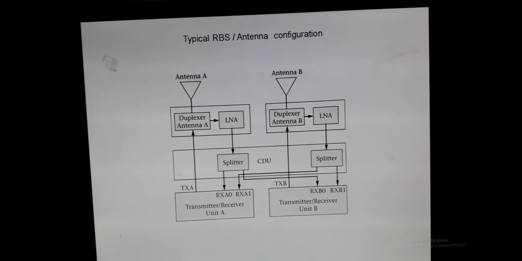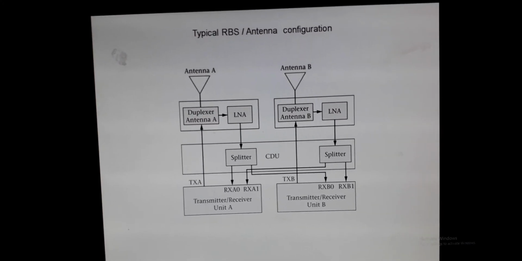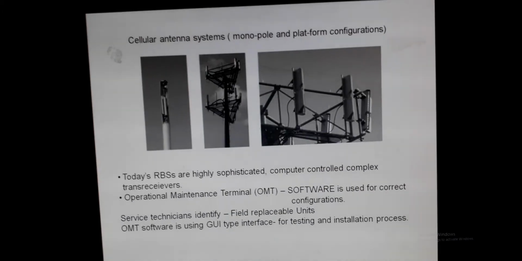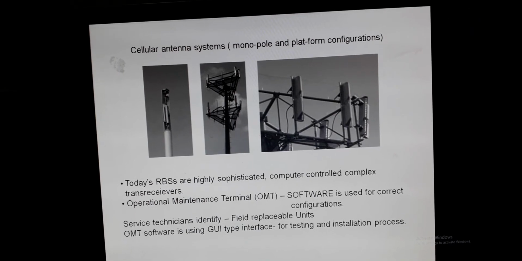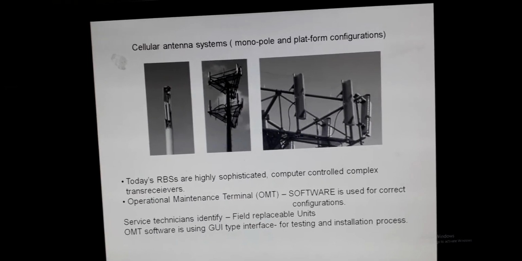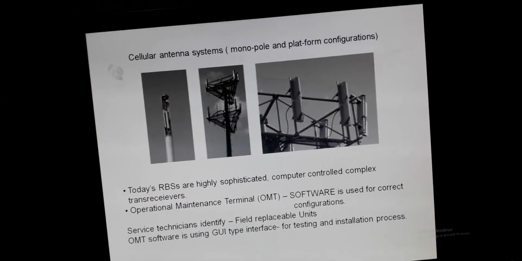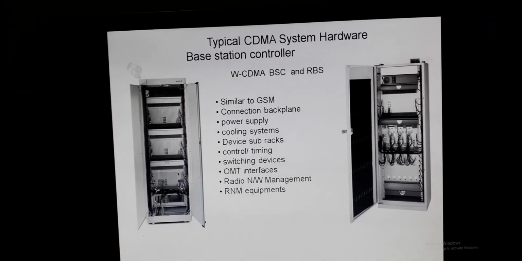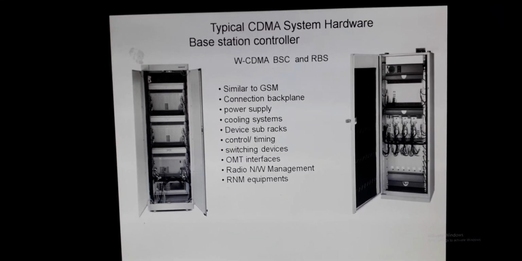This is a typical RBS antenna configuration. There are two duplexers and two splitters. These are some pictures of different configurations of RBSs. The operation maintenance terminal is used in the MSC. These are some pictures of BSC and RBS of CDMA.